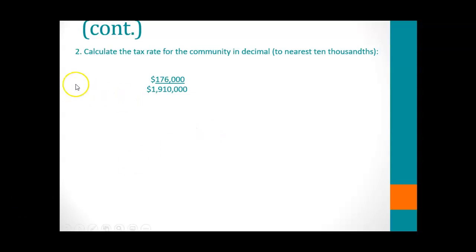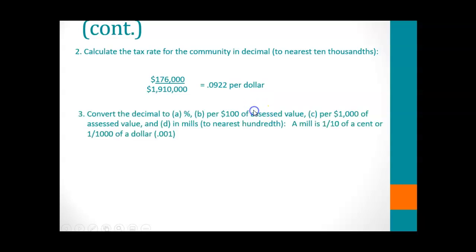In our example, we'll take the budget need divided by the total assessed value, and that will give us 0.0922 per dollar. So pretty much the tax rate in this situation is going to be roughly a little bit over 9 cents per dollar. Still with me? So 0.0922 is 9.22 as a percent.